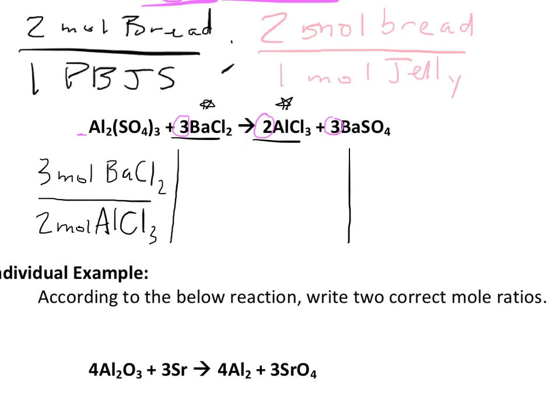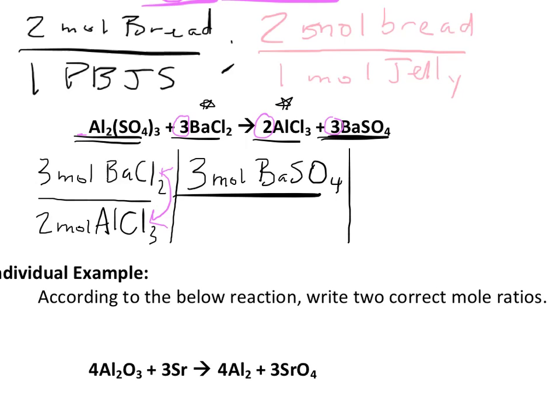And we could flip these if we wanted to as well. Let's look at the ratio between this reactant and this product. We know that if we want to produce 3 moles of BaSO4, we will need 1 mole of Al2(SO4)3.